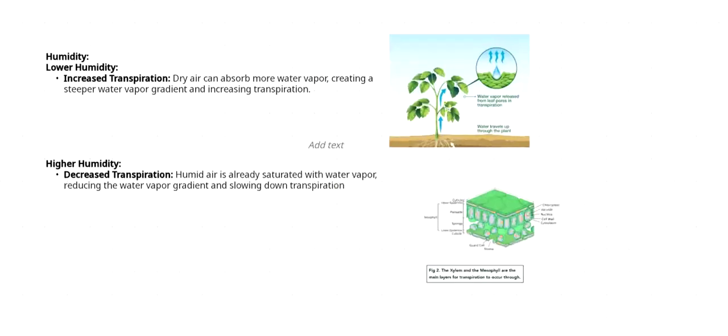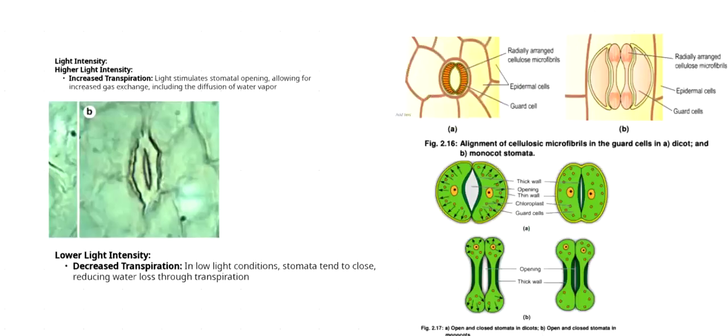Humidity, as we already discussed, and now this next factor is very important: light intensity. Students, light is a really big factor. Why? Because of the light, stomata open; in the dark, stomata close. So if more light is available during daytime, more stomata open and there is more transpiration. So light is also directly proportional to the transpiration rate.